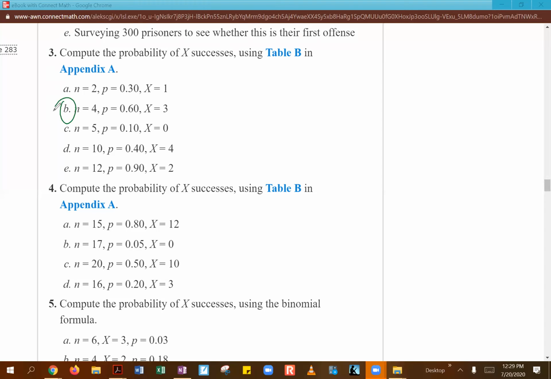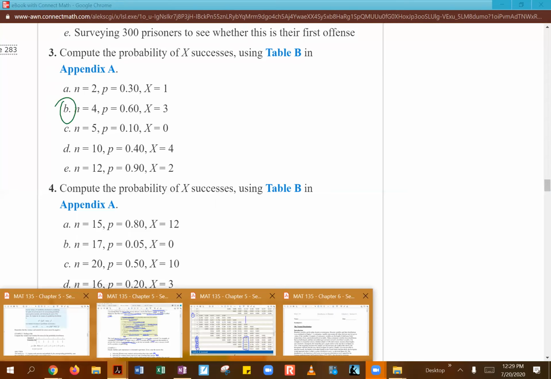So n equals 4, probability of 0.60, and x equals 3. Okay, Alexander, you've got 0.346, so let's go to our table over here.